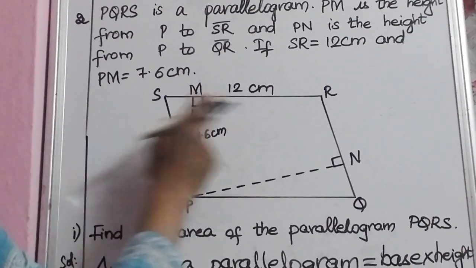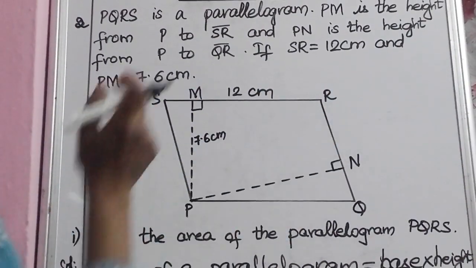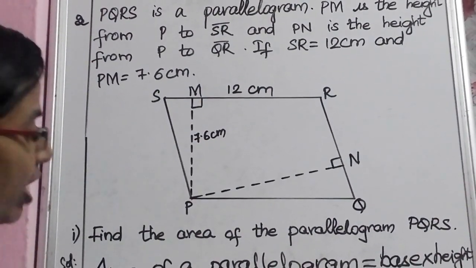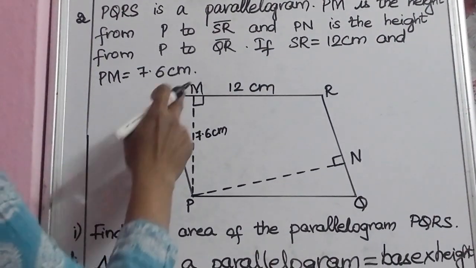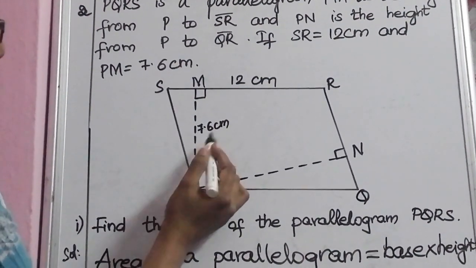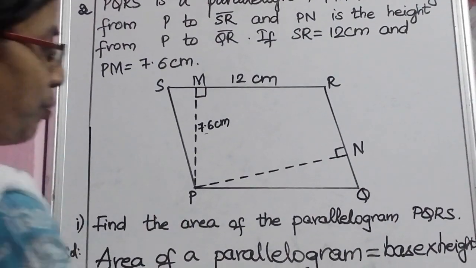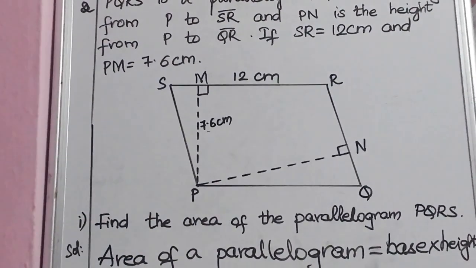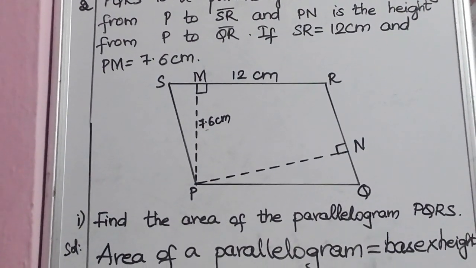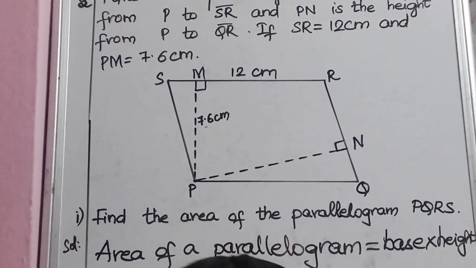So what is the base for this? SR is the base, and the measure is 12 centimeters, into height, which is PM. What is the measure here? 7.6 centimeters. We have to multiply these two and write the answer.